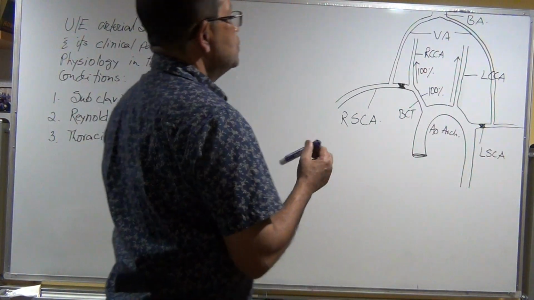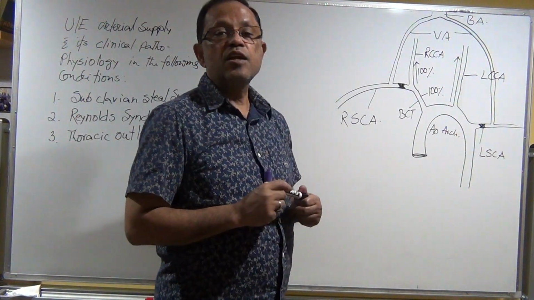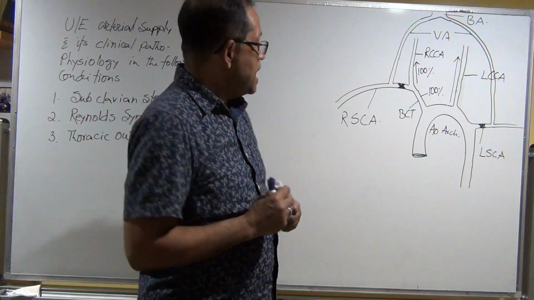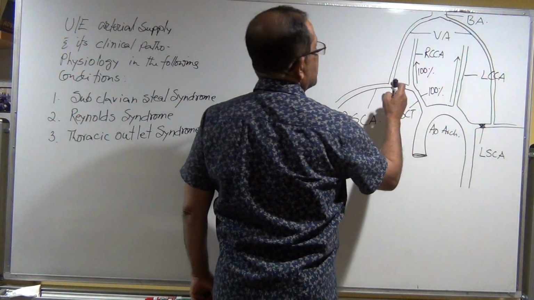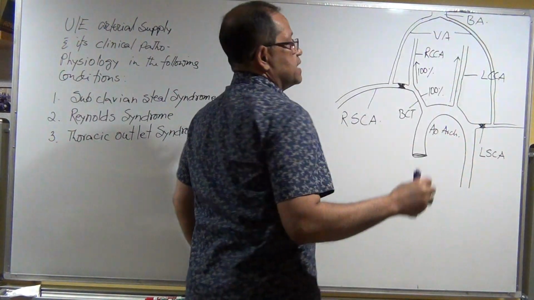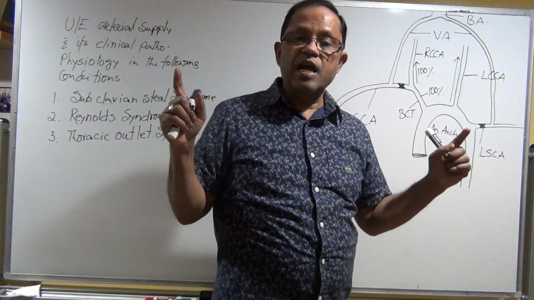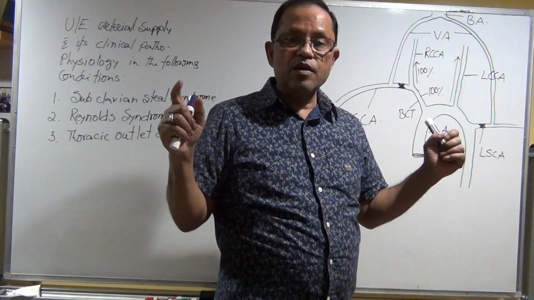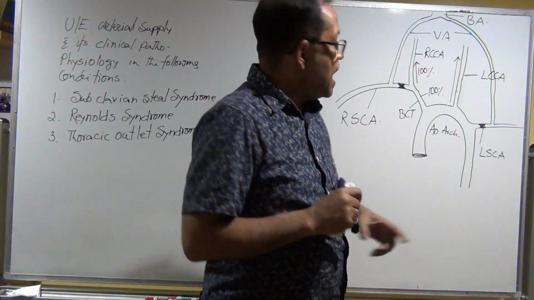Okay, so now through the circle of Willis, in this situation, look at here. The vertebral artery forms the basilar artery, which forms the posterior cerebral artery. The posterior cerebral artery is a component of the circle of Willis.